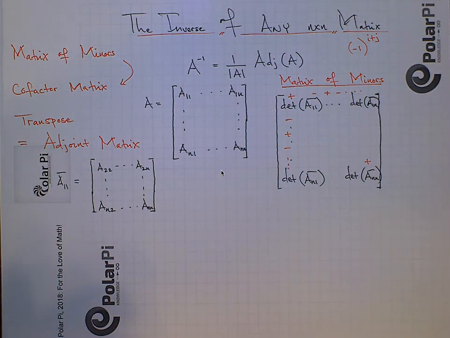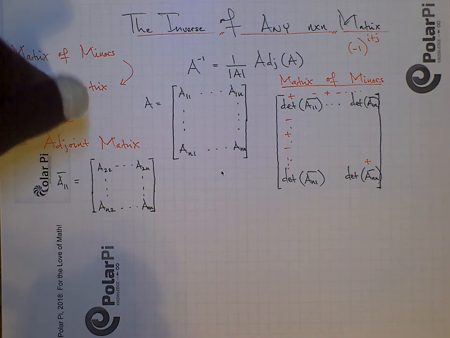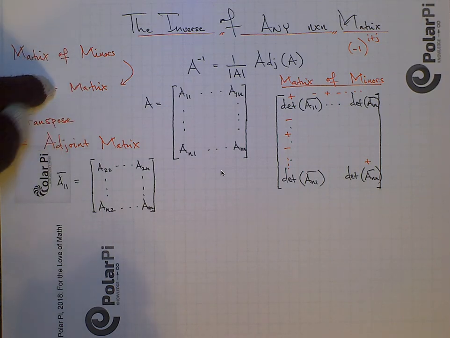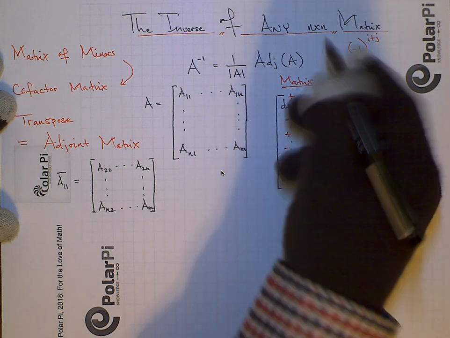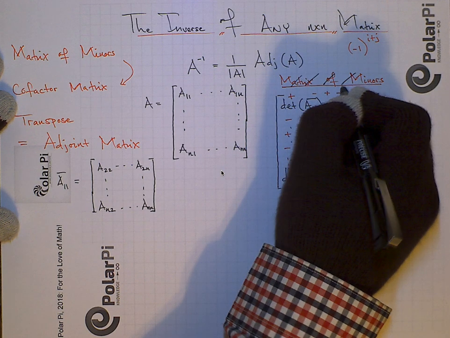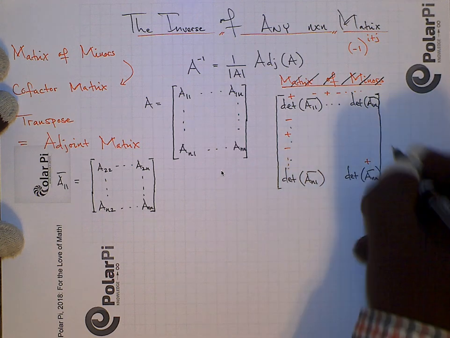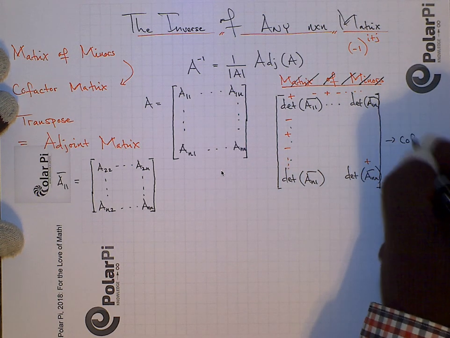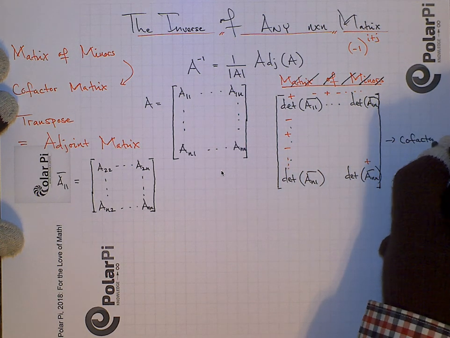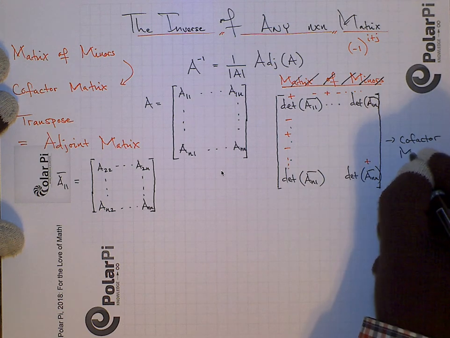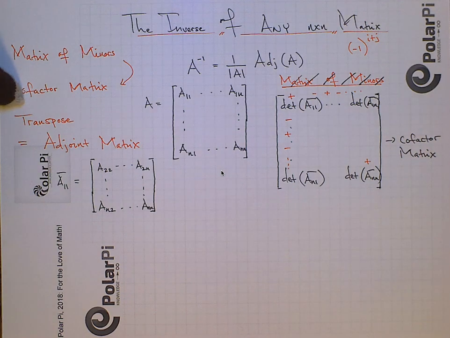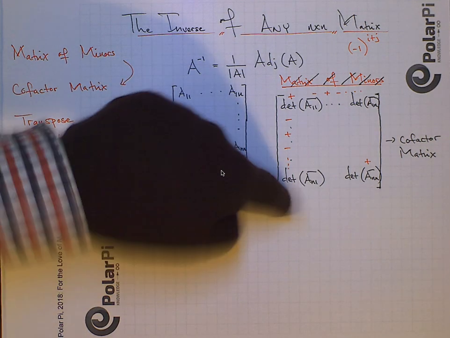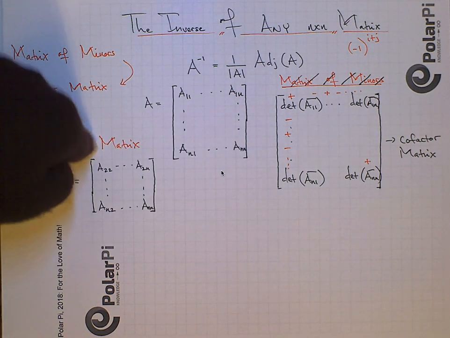Okay, cool. But you just saw how to go from the matrix of minors to the cofactor matrix. And by the way, this is no longer the matrix of minors, right? As soon as I put these signs on it, it's become the cofactor matrix. And now what you have to do is go from the cofactor matrix to the transpose of the cofactor matrix, at which point you have your adjoint matrix.